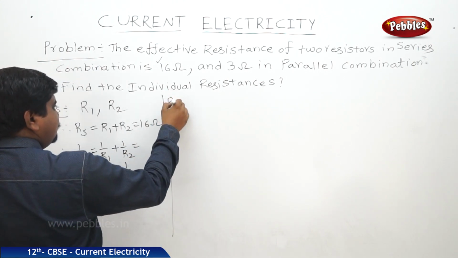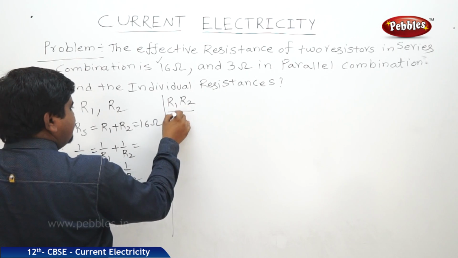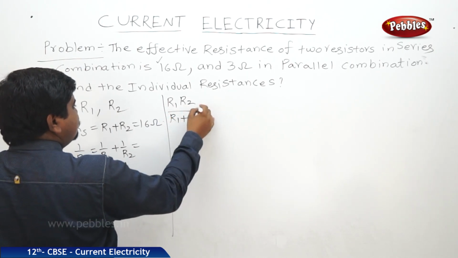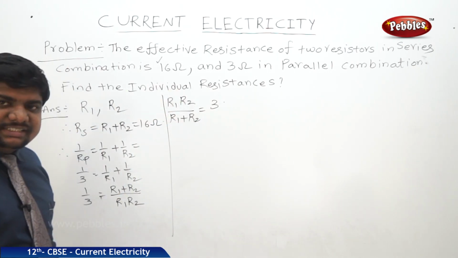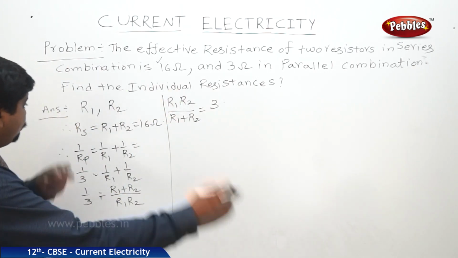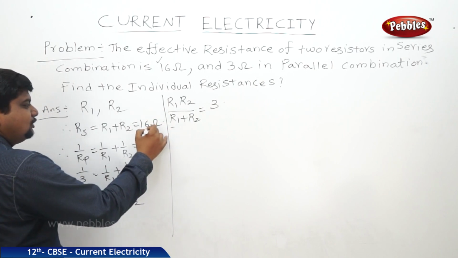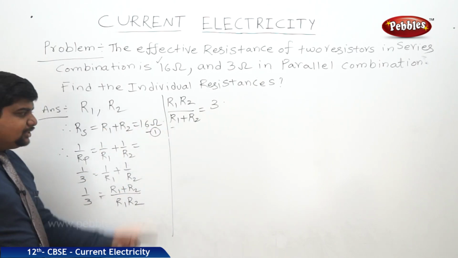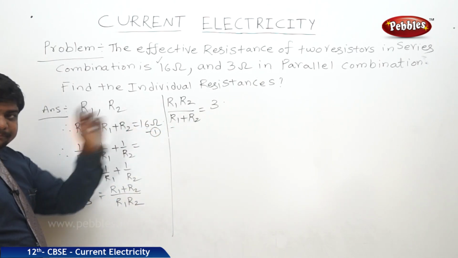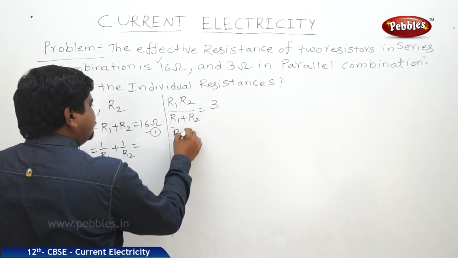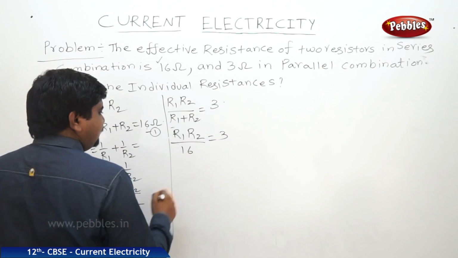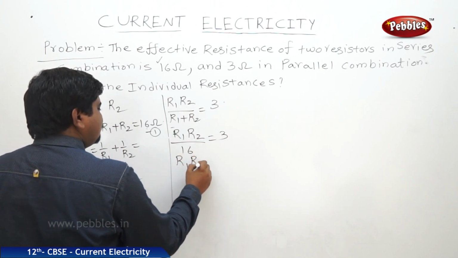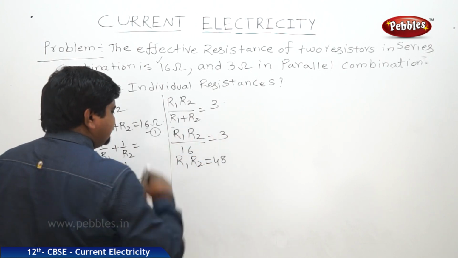Therefore, R1 R2 by R1 plus R2 is equal to 3. This is the effective resistance in the parallel combination. We know that R1 plus R2 is equal to 16 ohms from equation 1. Now I am substituting this R1 plus R2 value here. Therefore, R1 R2 by 16 is equal to 3. Therefore, R1 R2 is equal to 48.